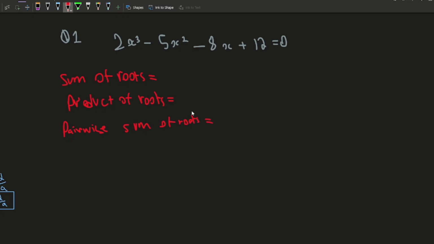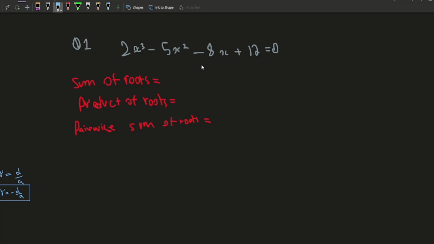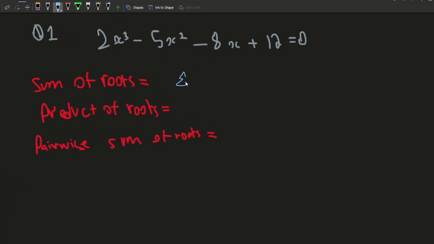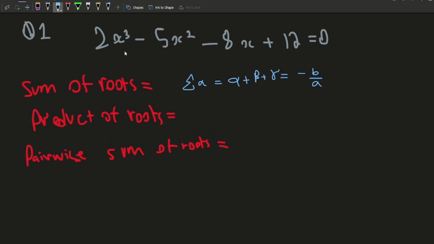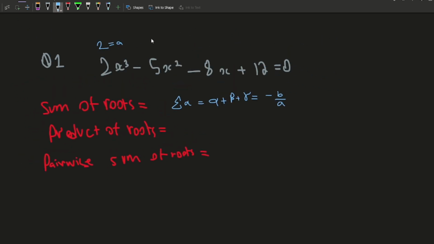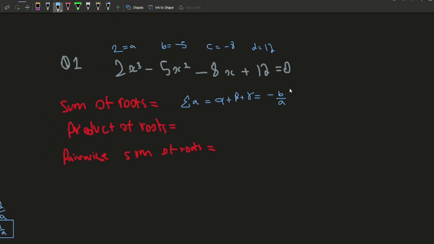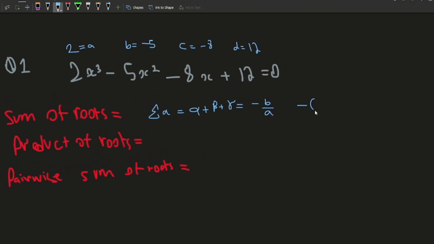So let's find each. Starting with the sum of roots, the formula for that is sigma alpha, which is alpha plus beta plus gamma, which is equal to minus b over a. So a is equal to 2, b is equal to minus 5, c equals minus 8, and d is equal to 12. So minus b is 5 and a is 2, so sum of roots is 5 over 2.